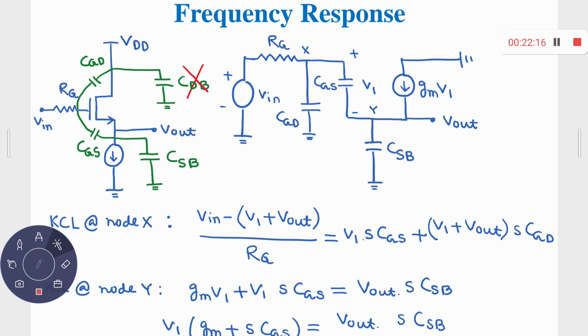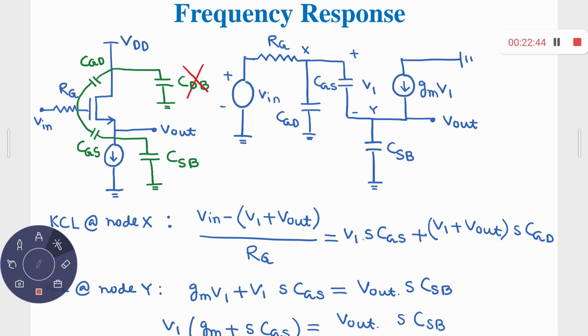What about CSB? It will be there. What about CGS? It will be there. Both of them are signal points, gate and source. One is input, the second one is output.